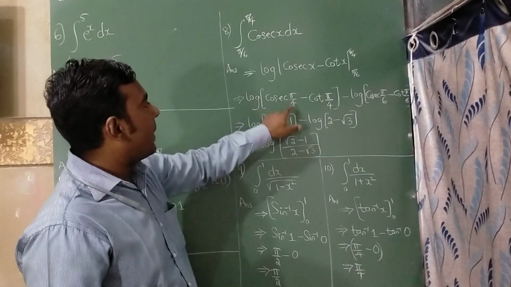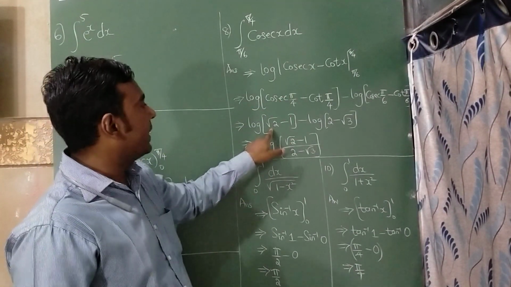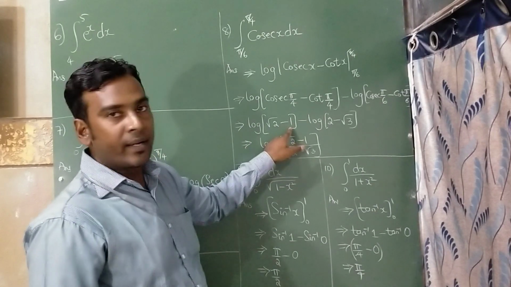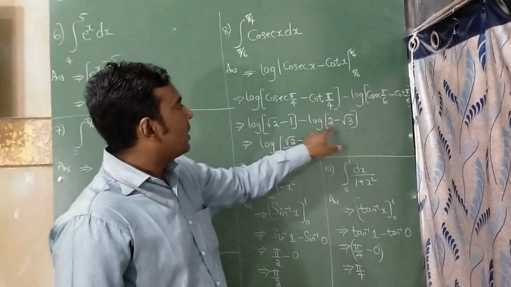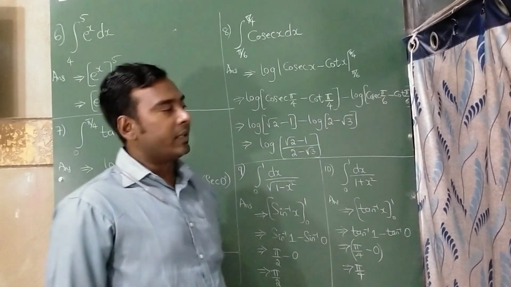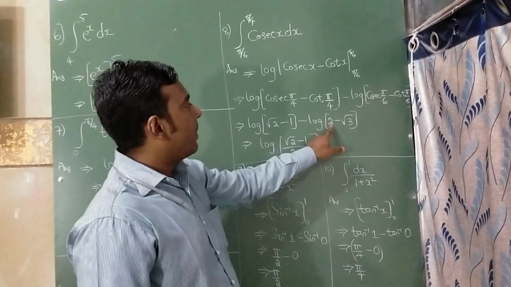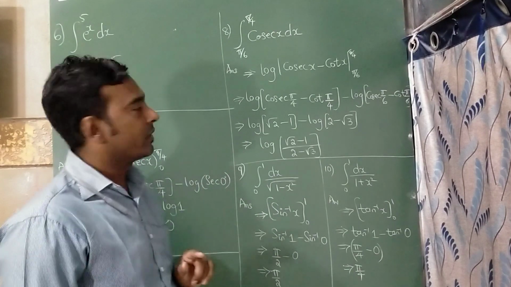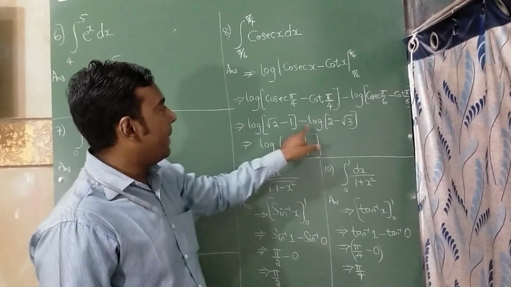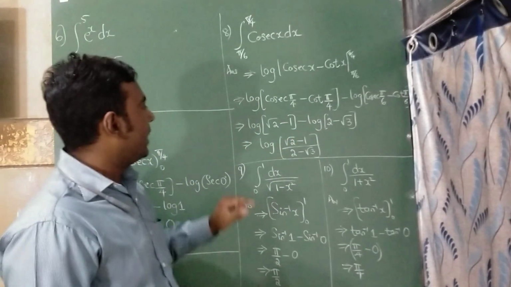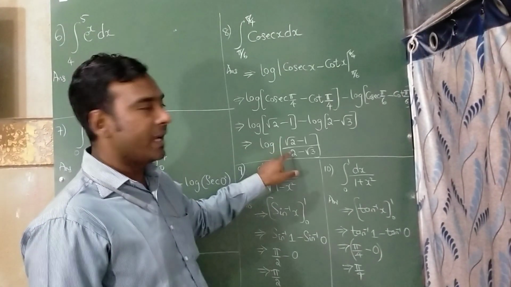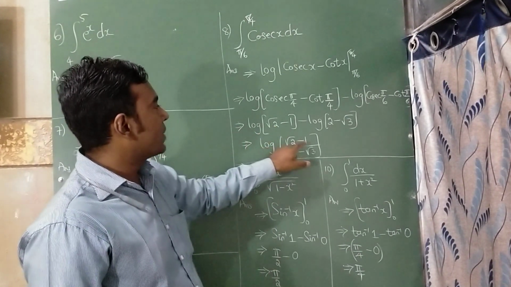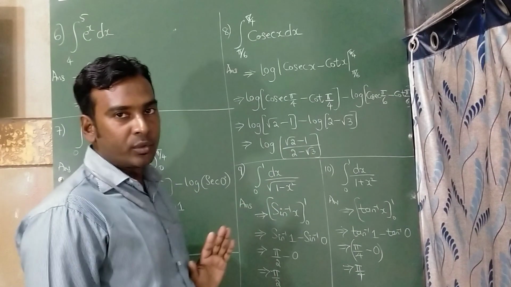Cosec pi by 4 is root 2, that is 45 degree, minus cot 45 is 1, minus log cosec 30 degree, which is 2, minus cot 30 degree is root 3. Now here log m minus log n, as you know according to the formula, is log m by n. So root 2 minus 1 divided by 2 minus root 3.